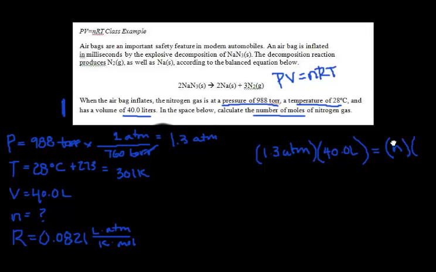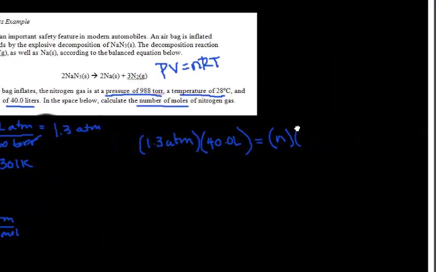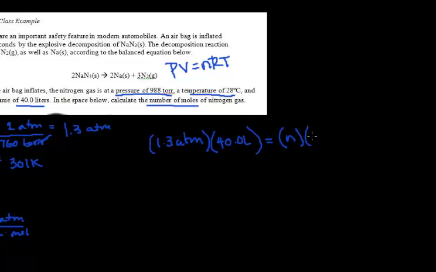The R, I'm going to have to scroll over. It's far enough. The R is 0.0821. And the units, actually, you know what? Why don't I put those units in? Don't want to get in the habit. Liters ATM over Kelvin mole. And then the K was 301 Kelvin.